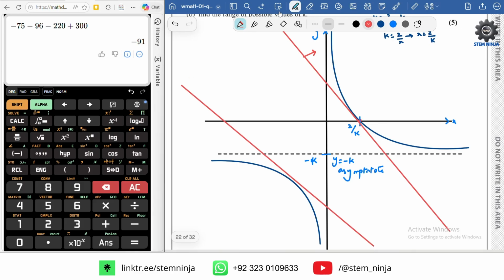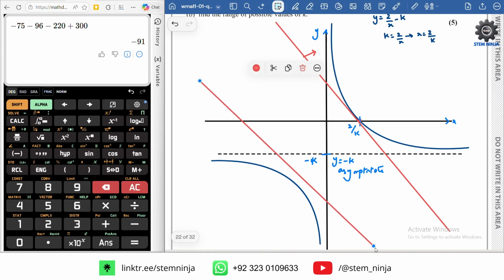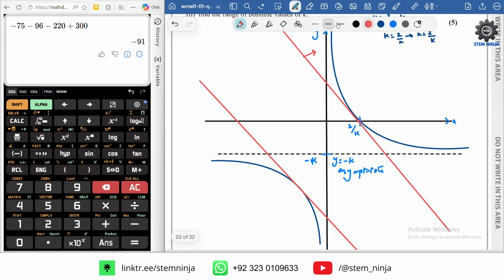So it's not in this particular empty region. This is the minimum point that we can have, the tangent, right? So it's going to be below this. And over here, once again, there's a tangent point. This is going to be above this.